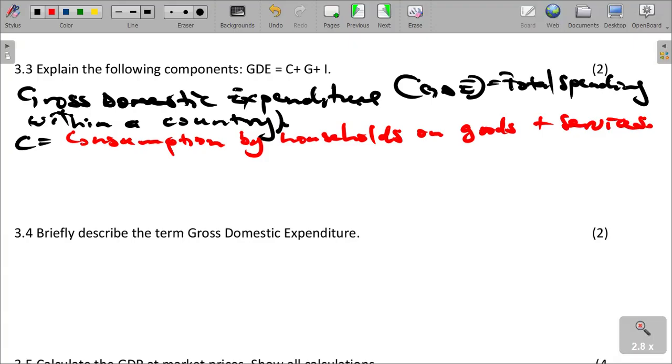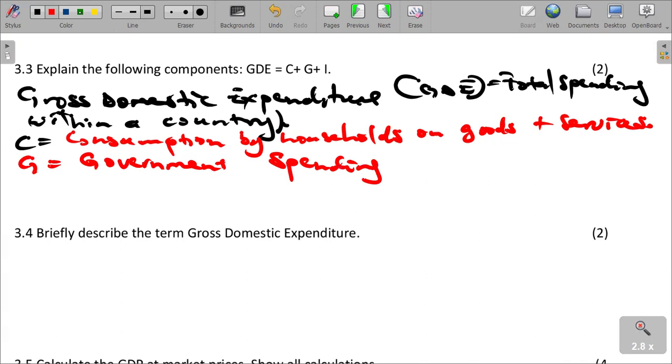We also have G, government spending, which is spending by government on goods and services as well.